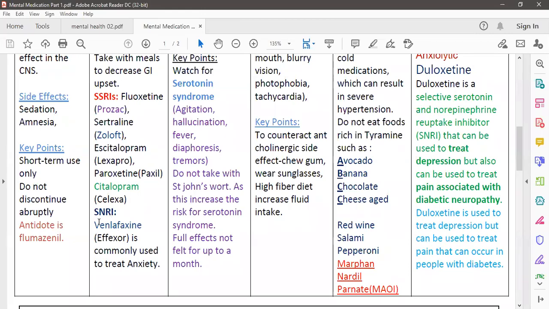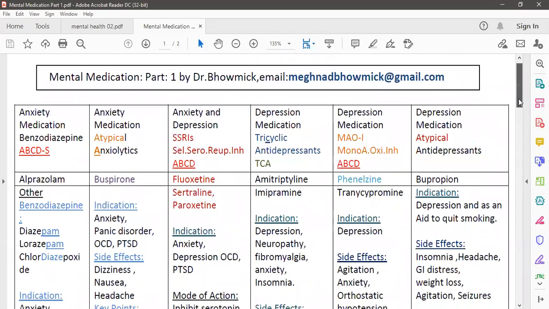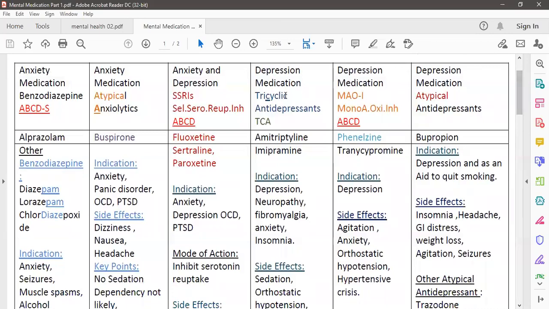The most common example is venlafaxine, or Effexor. It interacts with lithium, so venlafaxine and lithium never ever together. Also, venlafaxine is commonly used to treat anxiety. So with this table we can get all the medication together.